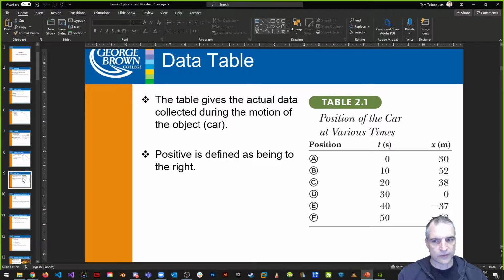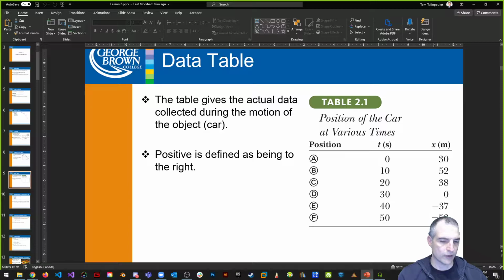A lot of times we use a data table to describe the actual positions in X and Y coordinates. Remember that in this case, the X axis is used for time, so this could be seconds or frames, and the Y axis is used as position, and this could be meters or pixels. It really depends on how you look at this. And this is meters or pixels outside of the origin.